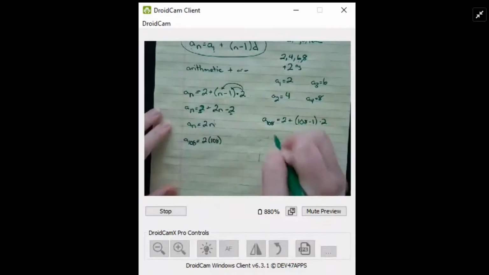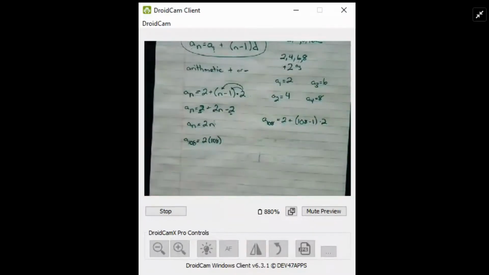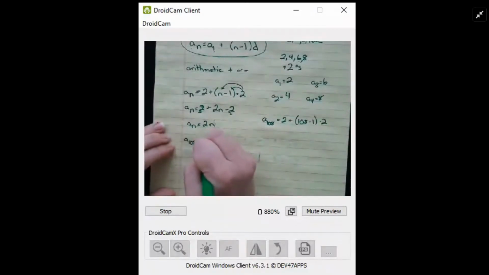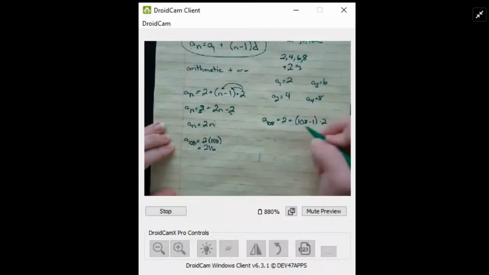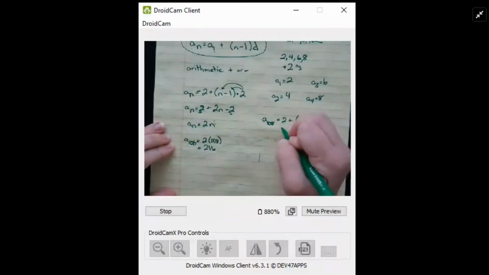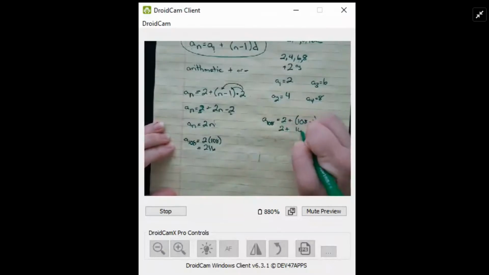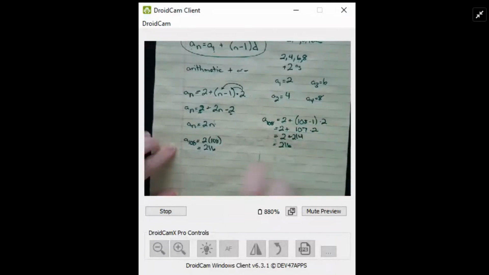I'll do it both ways to show you that it is the same thing. So 2 times 108 is just 216. Over here, 108 minus 1 is 107 times 2. 107 times 2 is 214. 214 plus 2 is 216. So you can see you can get the same thing.